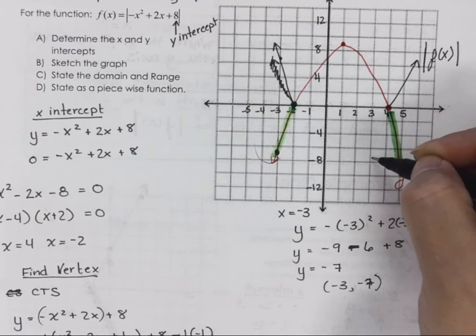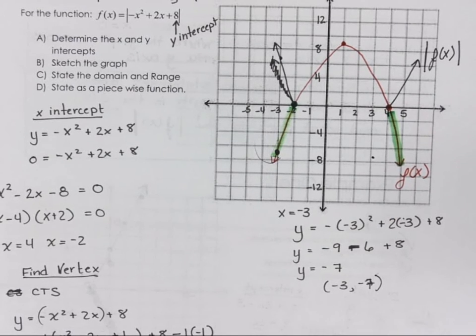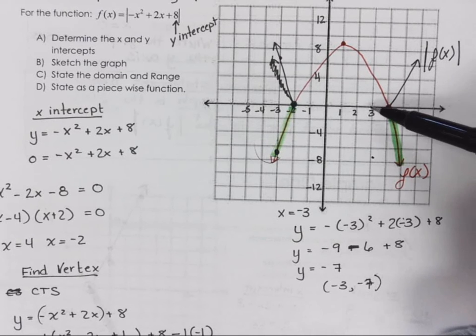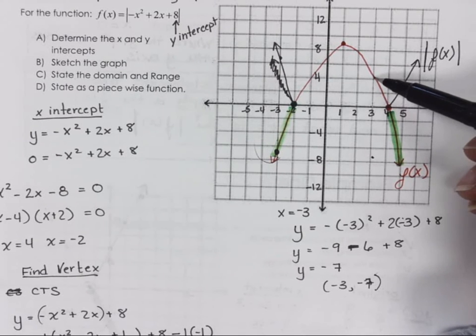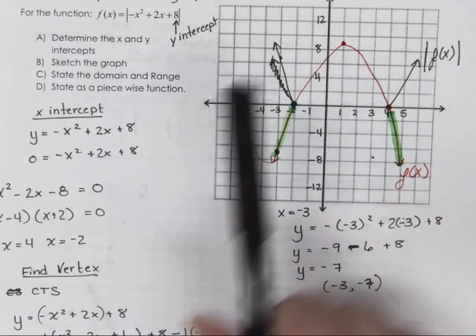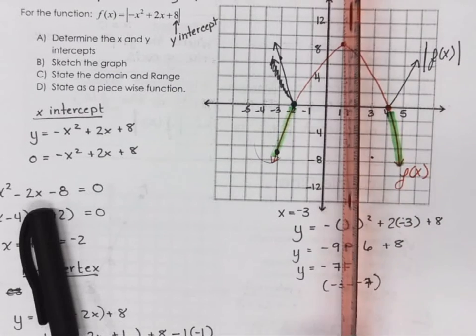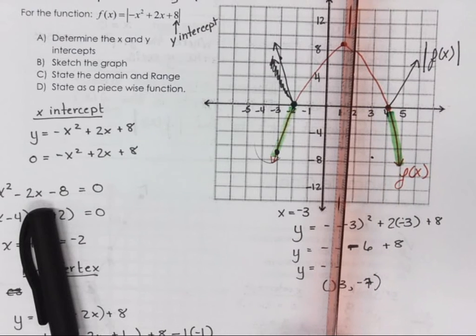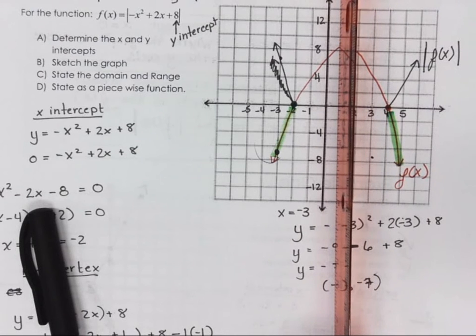It would be 5 and 7, because it's the distance away from the vertex. Danica, look at your graph. At 3, are you positive or negative? Positive. So that point can't match. Remember that it's symmetrical around the vertex. And this vertex isn't at 0.